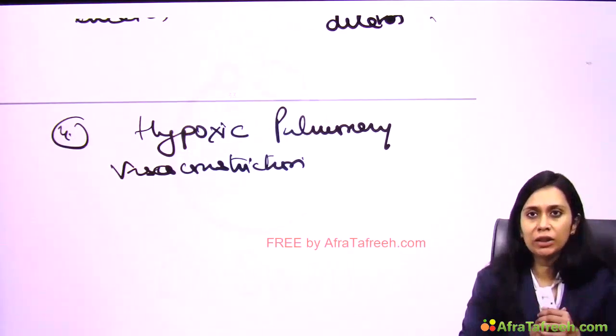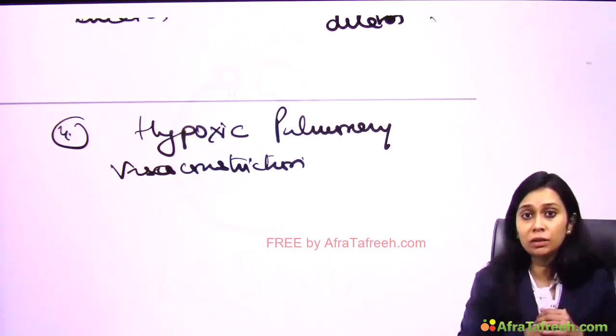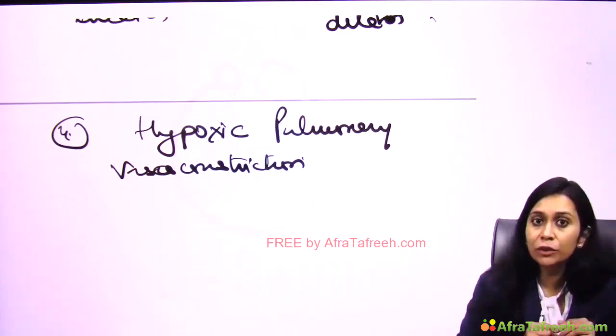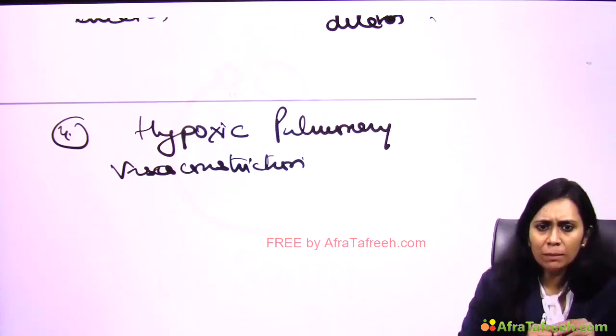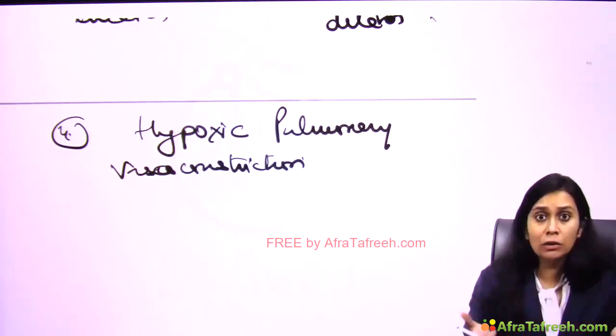There is a vasodilatation. But the opposite happens in lung. In lung, alveoli which are hypoxic, the surrounding pulmonary capillaries undergo vasoconstriction to minimize ventilation perfusion mismatch. This is a good reflex operating in every normal lung.